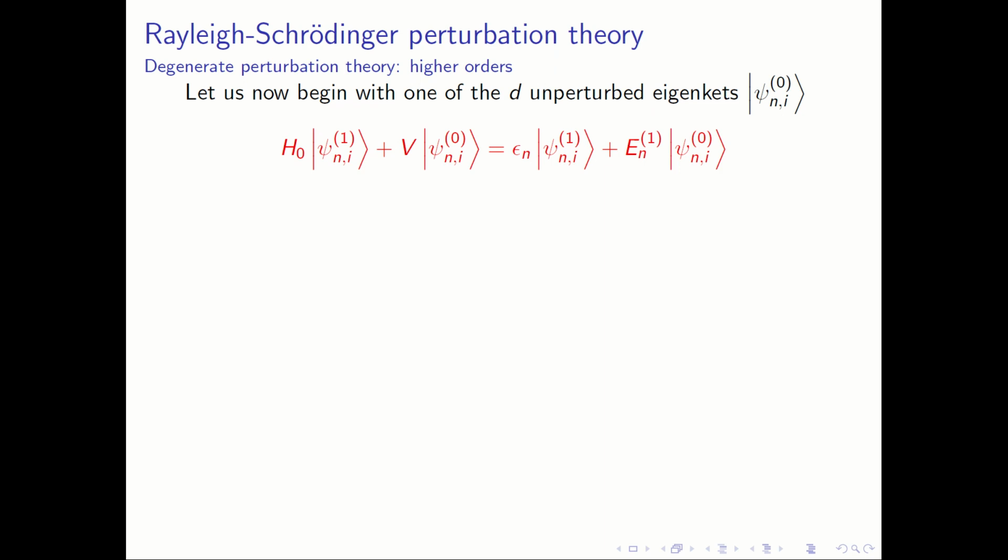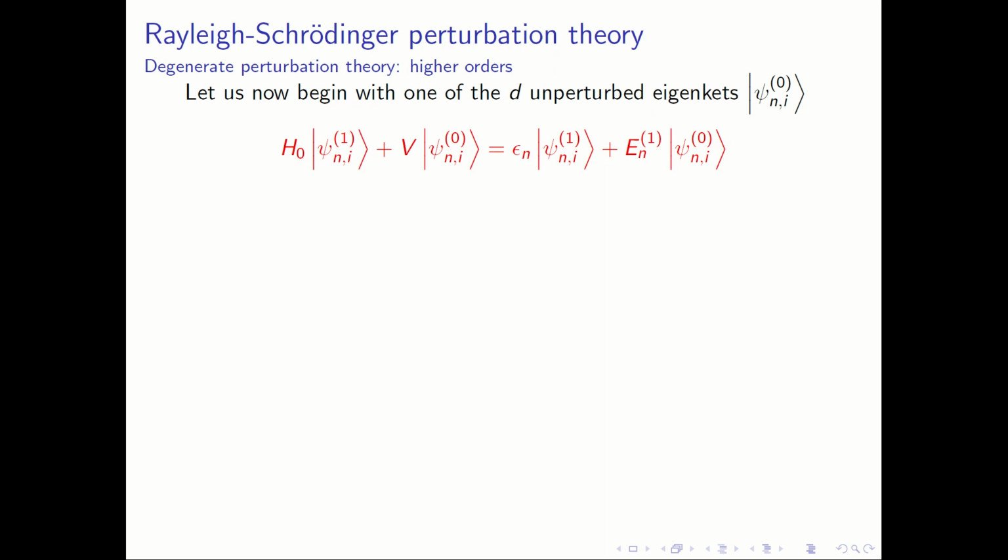We are still stuck at first order, and now that we know exactly what C's we have, because we have found out what the eigenvectors of Vn are, we start with one of them. So, there are d such eigenvectors, we start with the ith one. I of course here could be 1, 2, 3, any value.